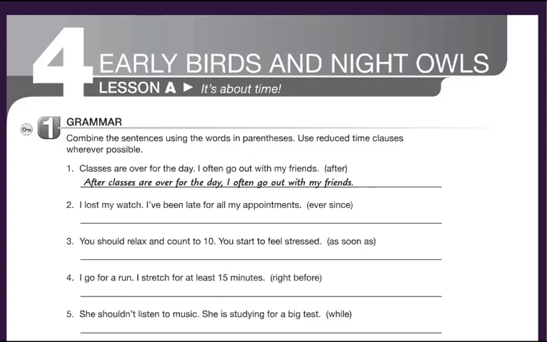Who are the subjects in these two clauses? We're going to use red color to underline the subjects. Here, classes, and I. Classes and I are my subjects. Is it the same? No, they are not the same. So they are different, right?